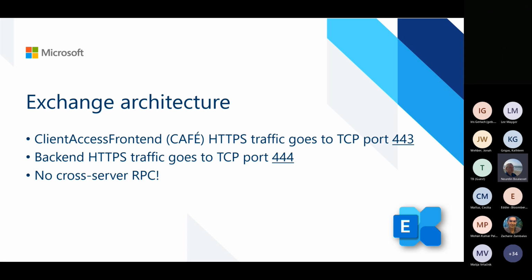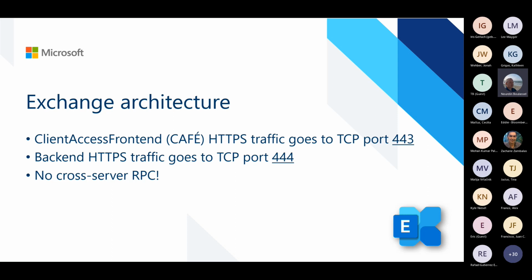And with that, we go on to the next slide, which is a really short note about the Exchange architecture, very high level. We have a client access front end on the Exchange server, the CAFE role, where all the traffic from clients goes in and is received on port 443, and the client access front end then proxies that traffic back to the backend web pages listening on port 444.